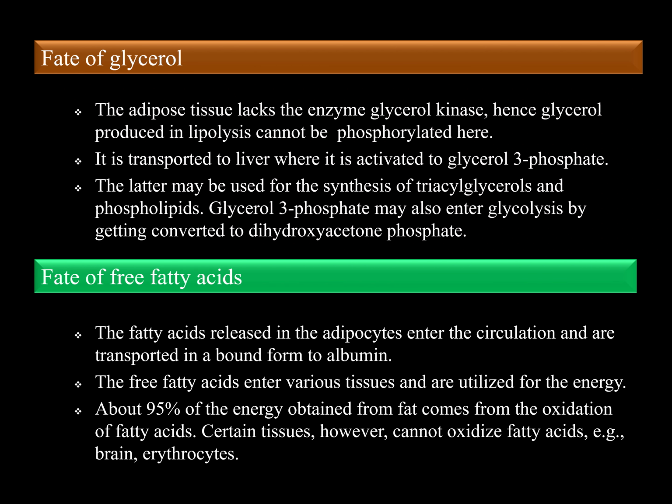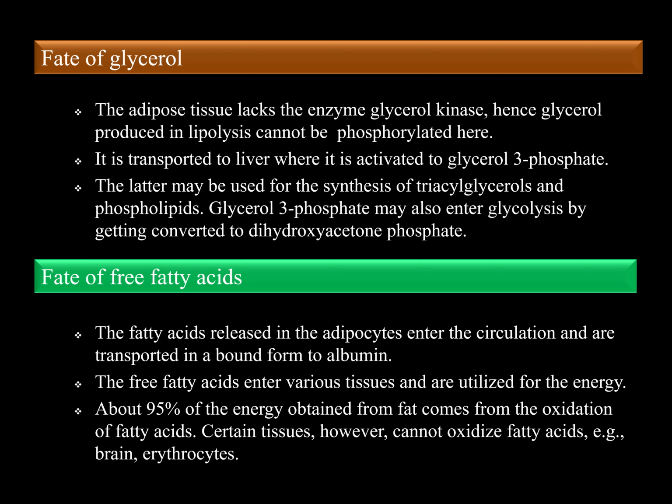Adipose tissue releases fatty acids and glycerol during lipolysis, but adipose tissue lacks an enzyme called glycerol kinase. Because of that, glycerol cannot be used efficiently inside the adipose tissue itself.